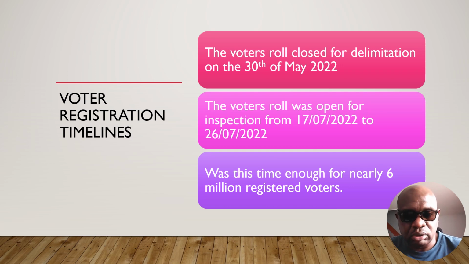The voters roll was also opened for inspection from the 17th of July 2022 to the 26th July 2022, which means there was a period of about 9 days for the inspection through all these channels.